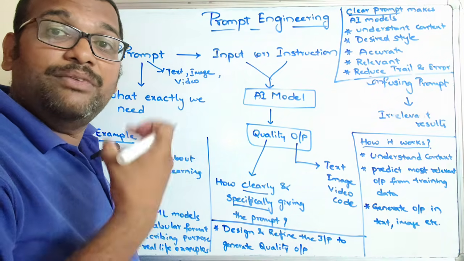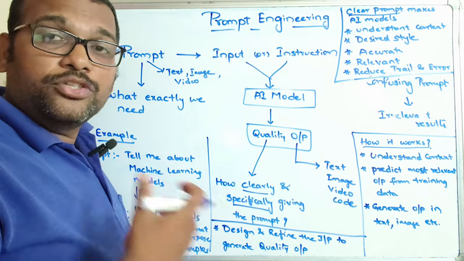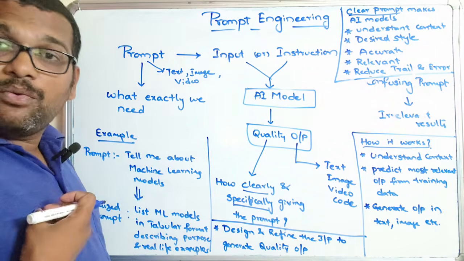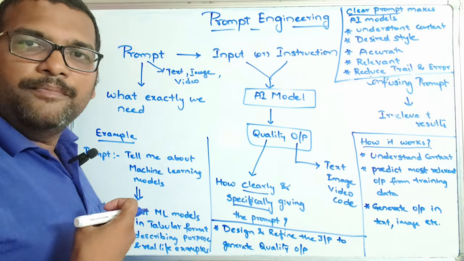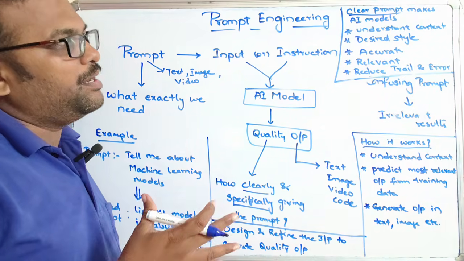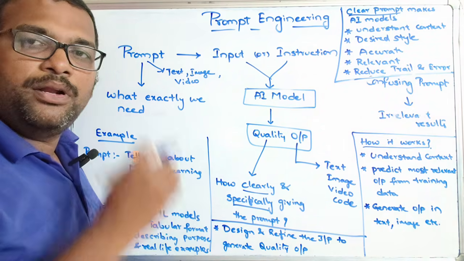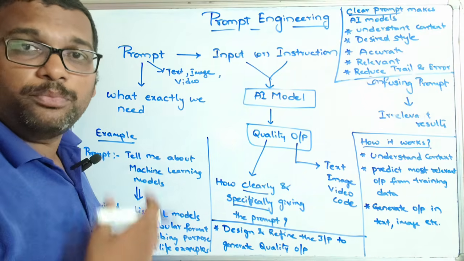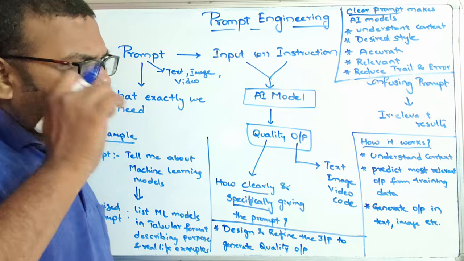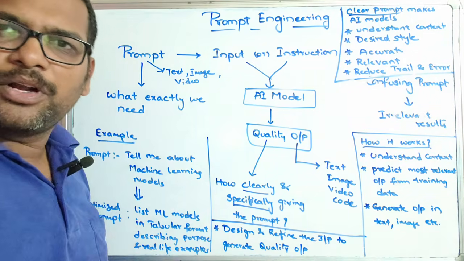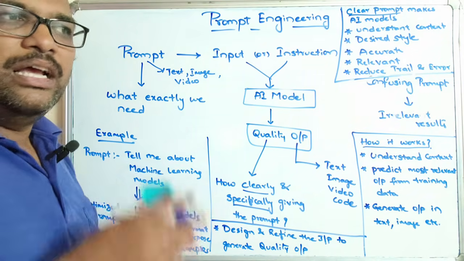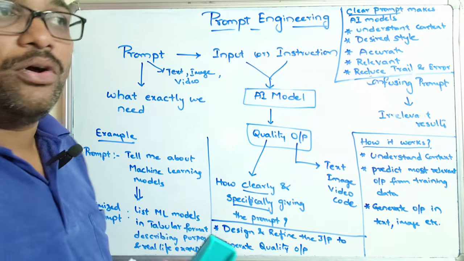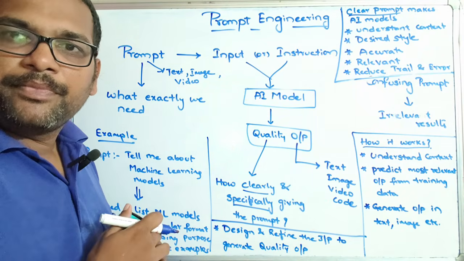So how efficiently we are writing the prompt. We have to clearly specify how we require it and what we require, so that from that particular prompt or input, the AI models will be generating the quality output, right? The quality of output completely depends upon the input which we are giving to the AI models. So that we are calling prompts, right?